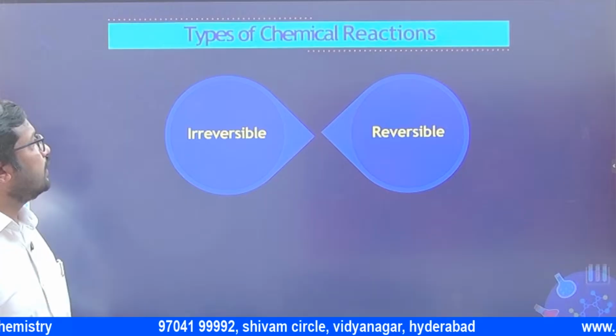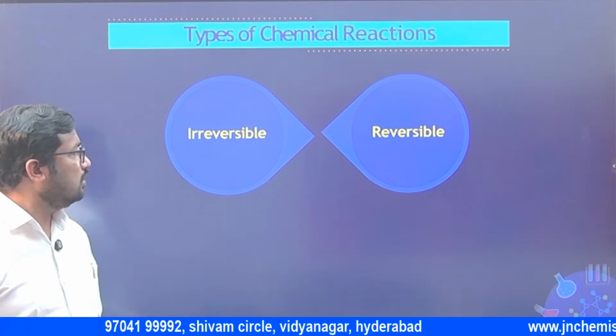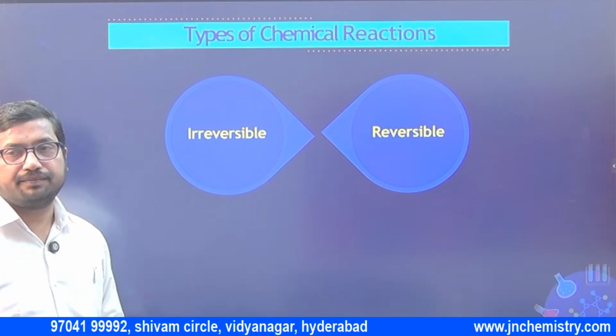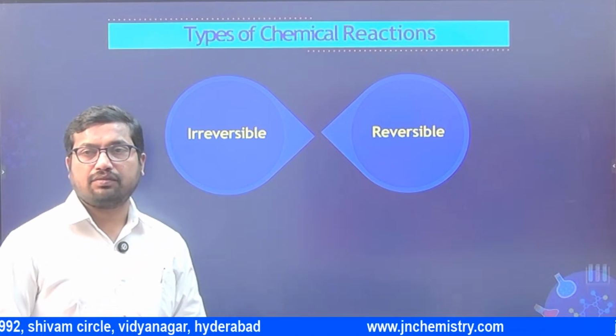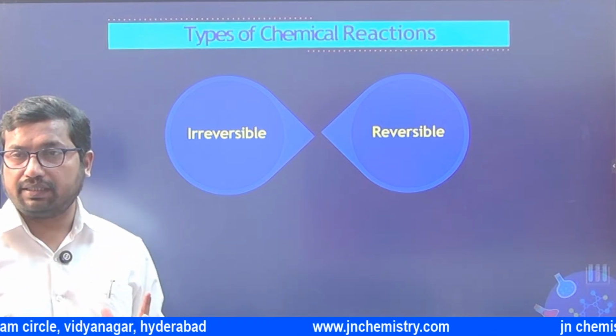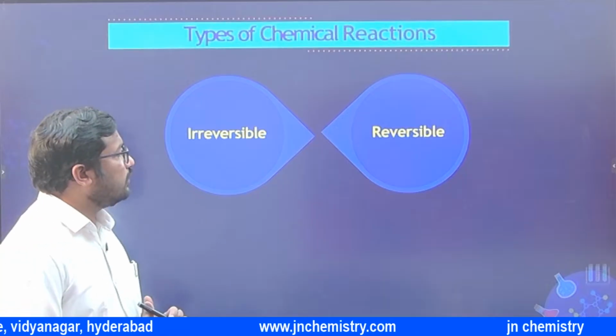Right. Types of chemical reactions: irreversible and reversible. I already told you. What is the major difference between reversible and irreversible reactions?